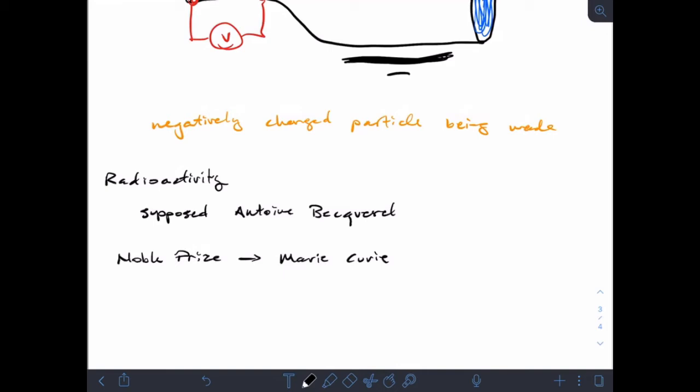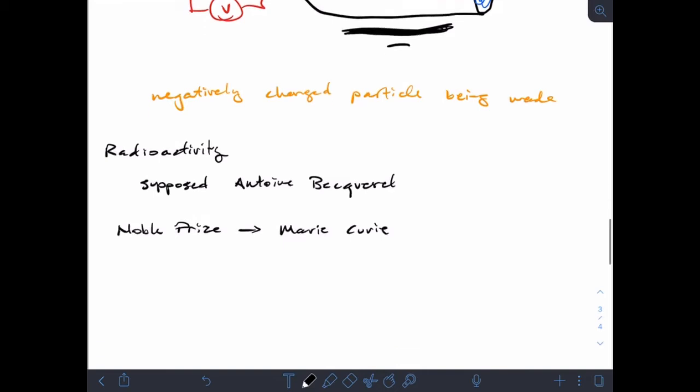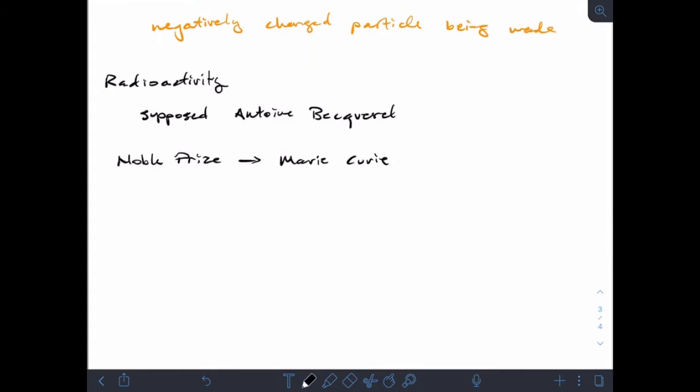To this day, Marie Curie's laboratory notebooks are too radioactive to handle without safety equipment. So she did a lot with radioactive stuff. But anyways, back to radioactivity. Antoine Becquerel, Marie Curie, and the other one that we want to talk about is Ernest Rutherford, a very famous physicist of his day, and he identified individual particles of radioactivity.